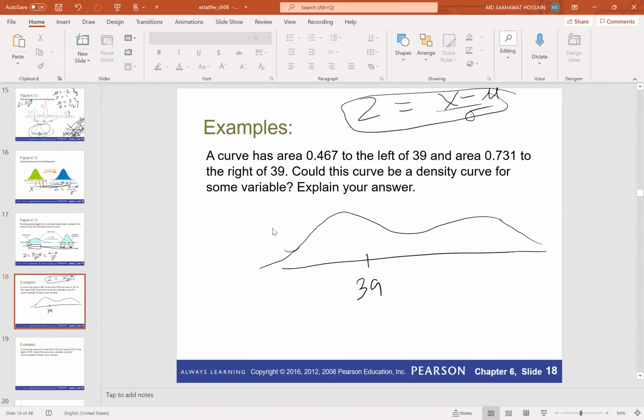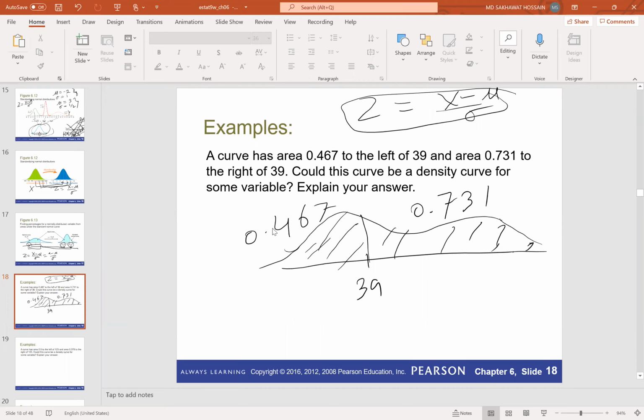And area 0.731 to the right of 39. So it's saying that this area is 0.467 and this area is 0.731, and this is just a curve. They didn't say that this is a density curve.